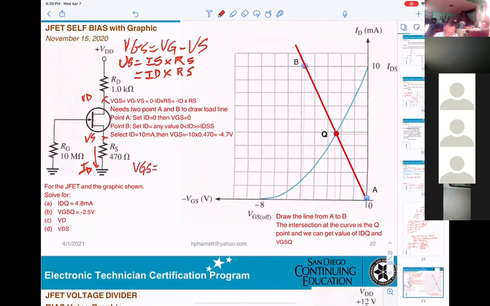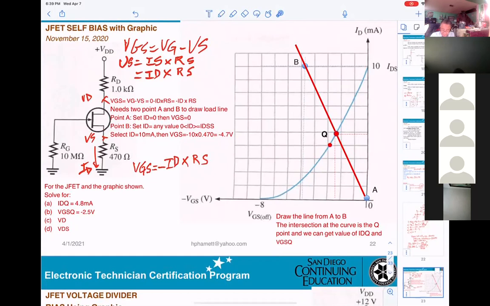Yes, we can see the whole screen now, the whole slide. Now, VGS finally equals minus ID times RS. Instead of taking that VGS and substituting into the equation and solving it, which we don't want, they give you the graph here.